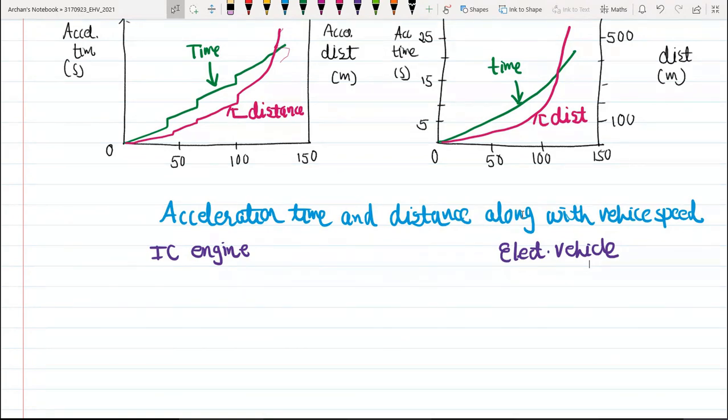So it is necessary for every design engineer, while designing the vehicle, whether it is an IC engine vehicle or an electric vehicle, to focus on the braking performance. It is very necessary because whenever we apply the brakes, how will the braking be distributed on the axles?